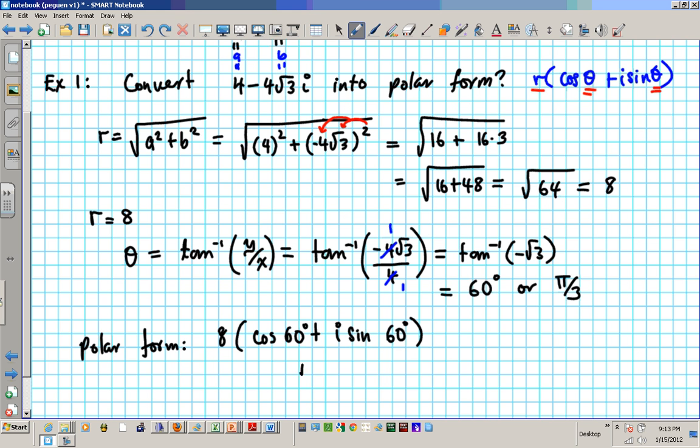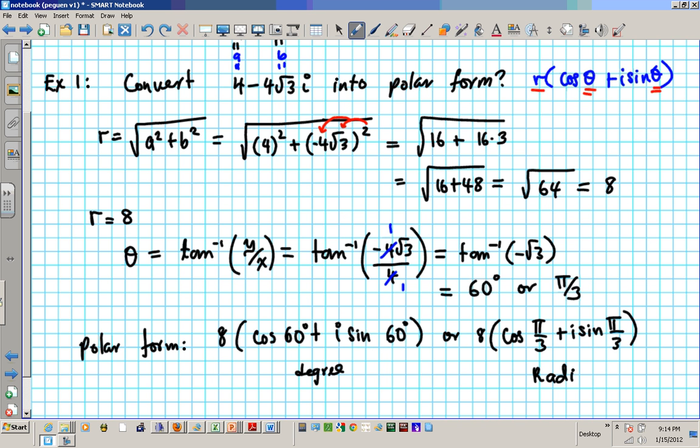This is in degree form. Or you can write 8 cosine pi over 3 plus i sine pi over 3. Exactly the same thing, but this is in radians.